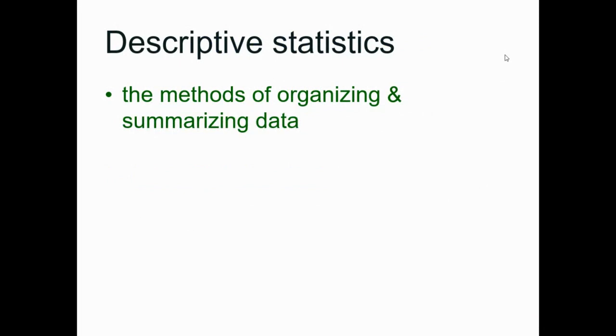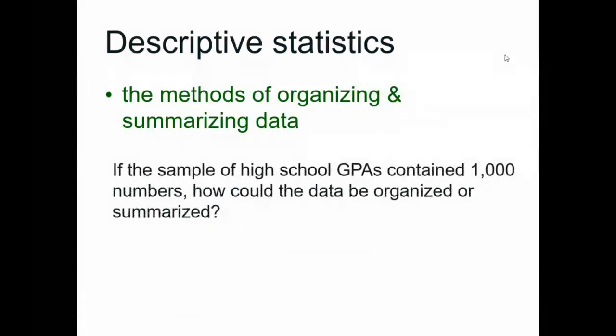Anyway, so descriptive statistics involves the methods of organizing and summarizing the data. So if we go back to our GPA example, if it contains 1,000 numbers, what are some ways that we could organize and summarize the data?